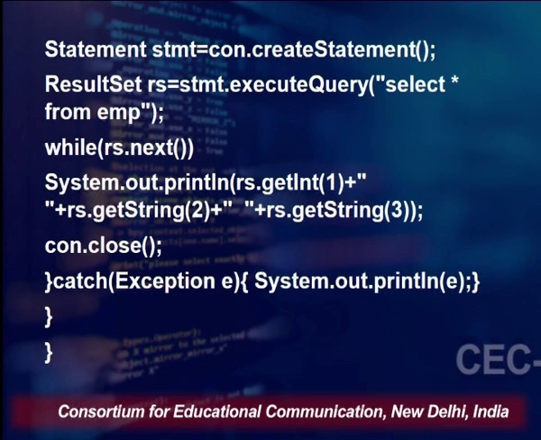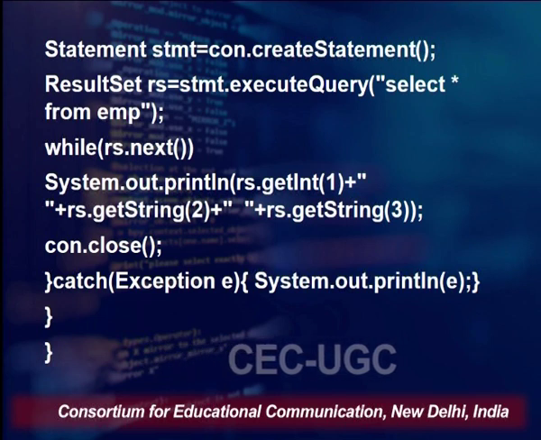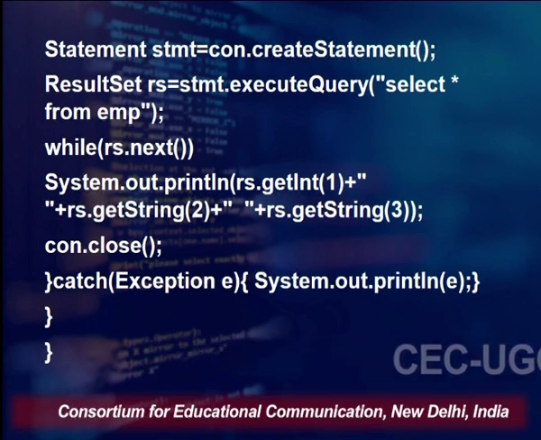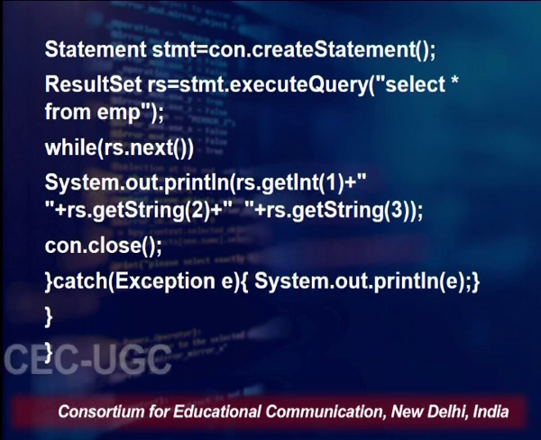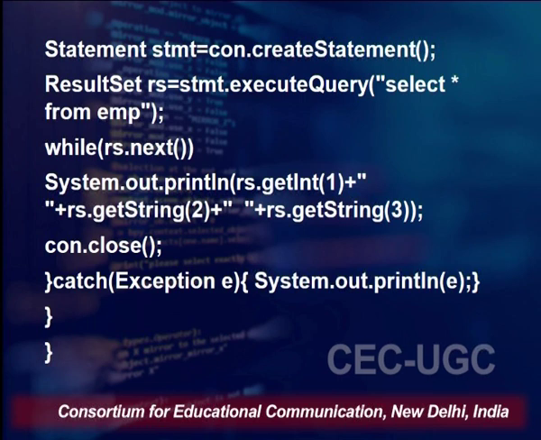The query which we want to execute on the table EMP simply selects all the records of EMP. So, select star from EMP is going to be the parameter inside executeQuery.